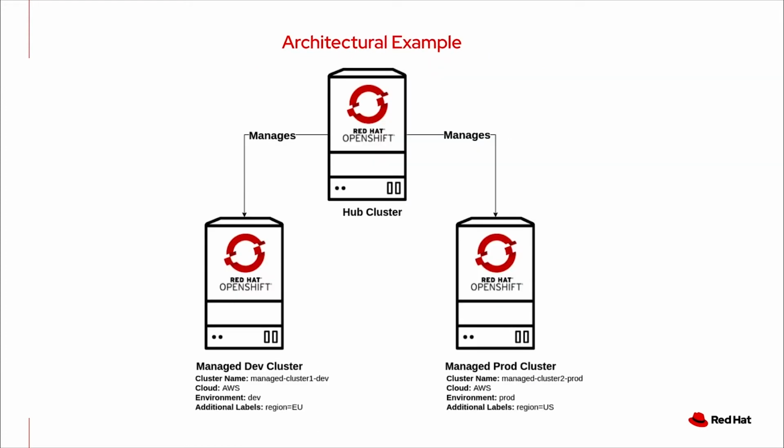Now, this is a very simple overview of the possible architecture. We have always what we call a hub cluster, which is where RHACM itself is deployed, where the brain of RHACM is deployed, and then we just keep on joining. There are no current limitations on the number of objects that we can add to RHACM.